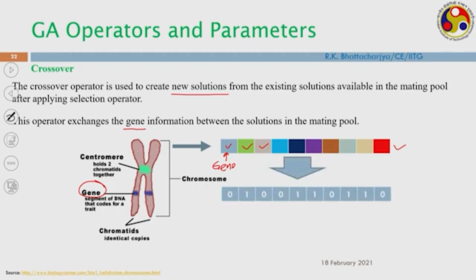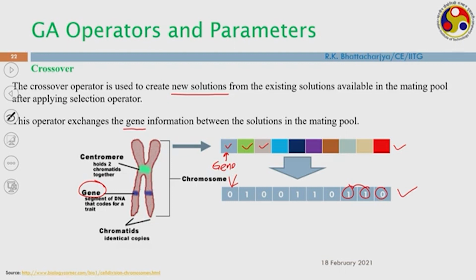I can convert whatever solution I have to binary bits. Once you convert the solution to binary bits, each bit acts as a gene, and altogether we can call it a chromosome. These gene values bear the characteristics of that particular solution.